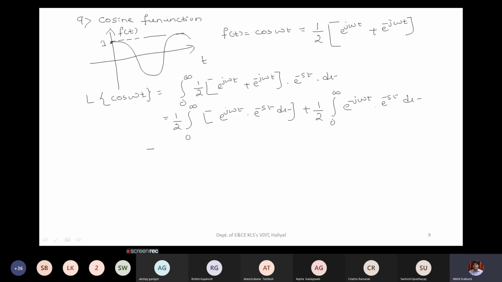Overall you may take 1 by 2 as a common factor.